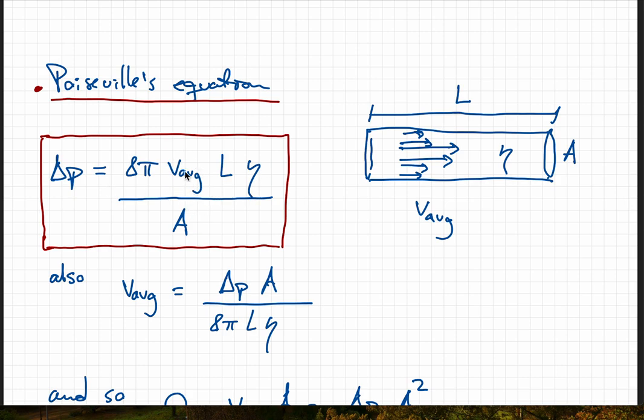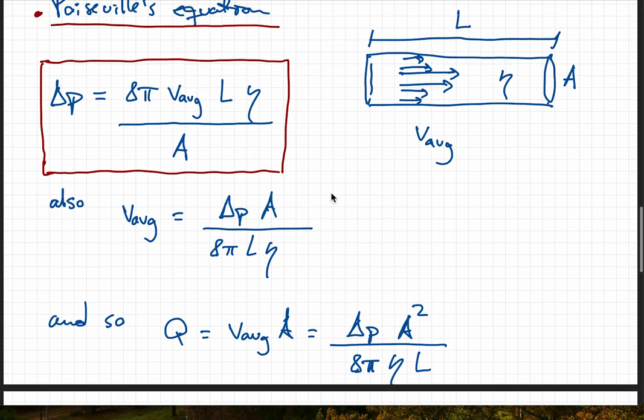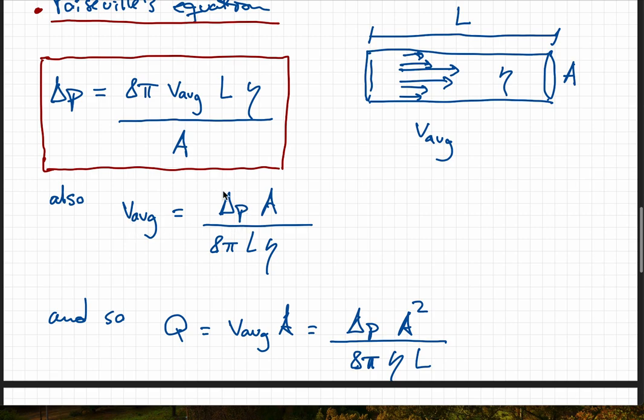Of course, with the velocity, if you want the fluid to move faster, then you need more pressure. You can turn this equation around and write the V average in terms of the pressure difference, the cross-sectional area, and the other parameters. And so that gives you this equation.